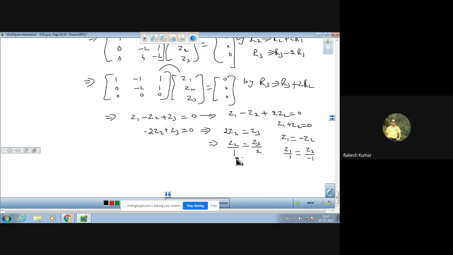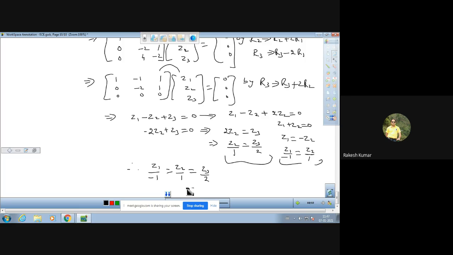Combining these two, Z1 over 1, this is Z2, and the minus can be written here. To make it symmetric, this minus sign will go here, and write a positive 1 here. This will be plus 1, so Z1 over minus 1, Z2 over 1, and Z3 over 2.